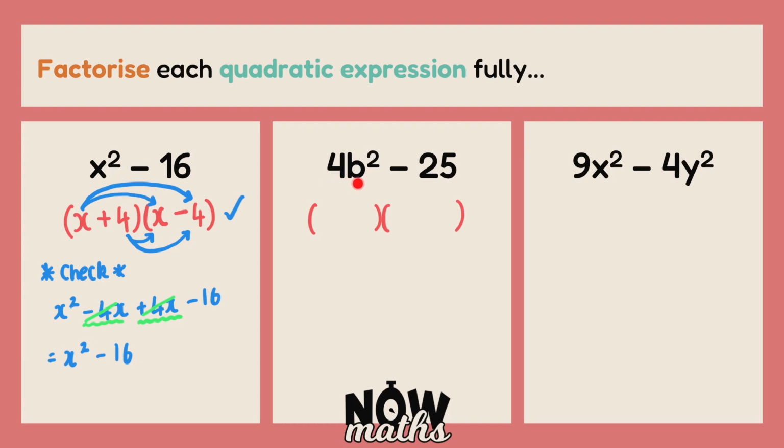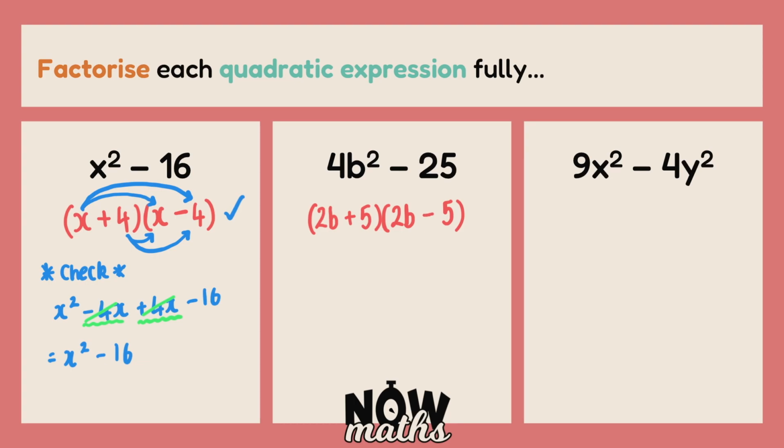So the square root of 4b squared is 2b, because 2b multiplied by 2b is 4b squared. Then the square root of 25 is 5. So we put a 5 in the end of each bracket. And since we need these 5's to multiply to give -25, we need one of them to be positive and the other to be negative.